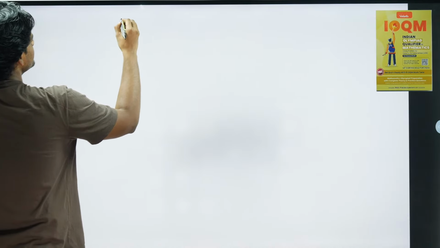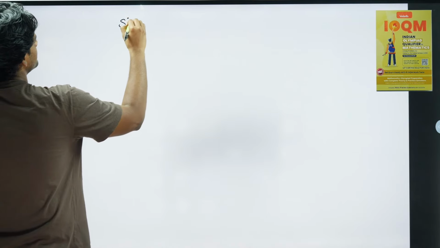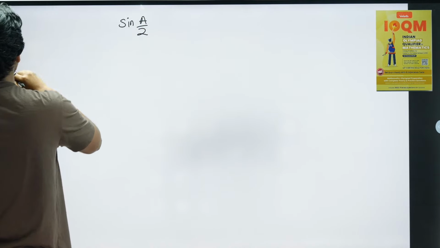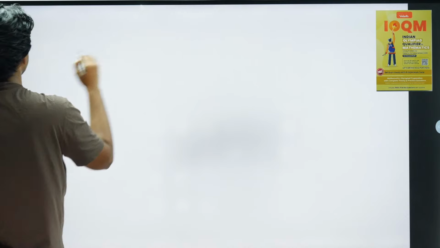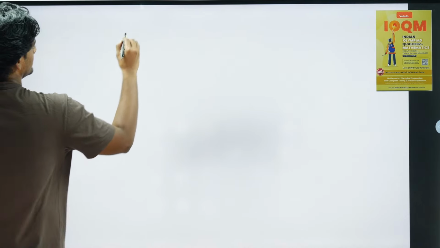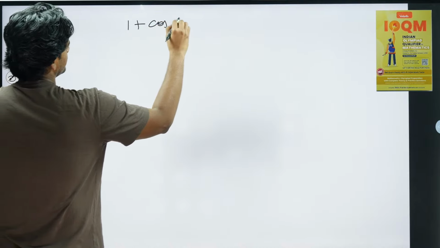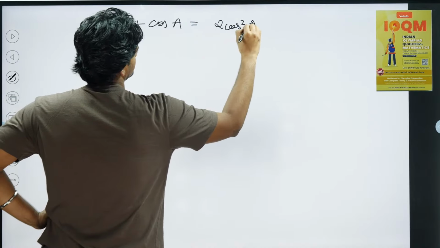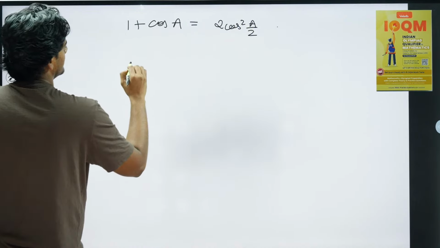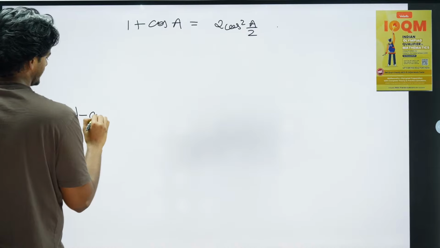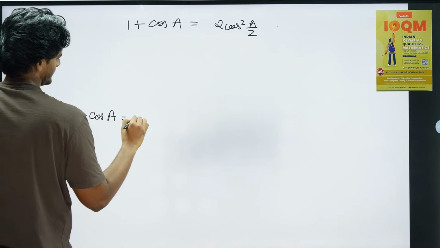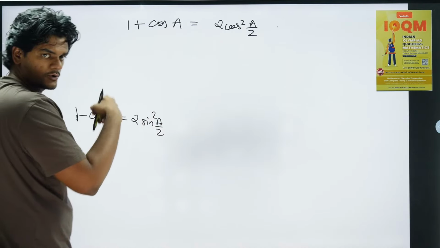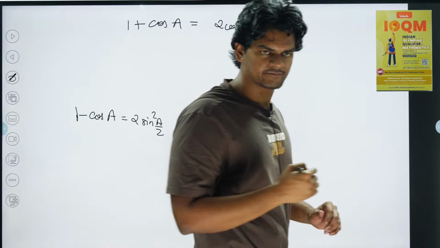I hope you do remember that 1 plus cos A is 2 cos square A by 2 and 1 minus cos A is 2 sin square A by 2. You should be knowing this. Okay?